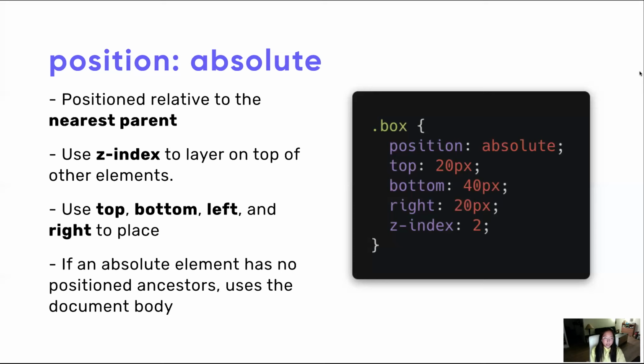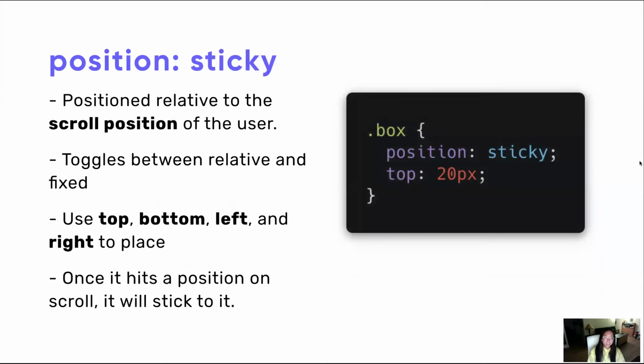Cool. And then lastly, we have sticky. So this one is also very niche. I've never really had a use case where I had to use it. Maybe I'm just a noob, but yeah. So essentially, this one's interesting. It's a lot easier to see rather than me talking about it, but it's relative to the scroll position of the user.